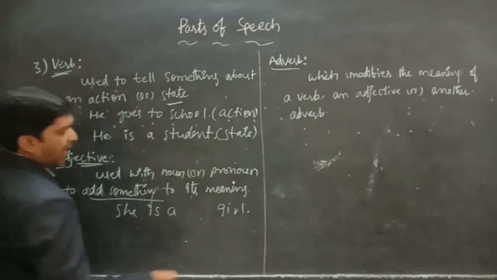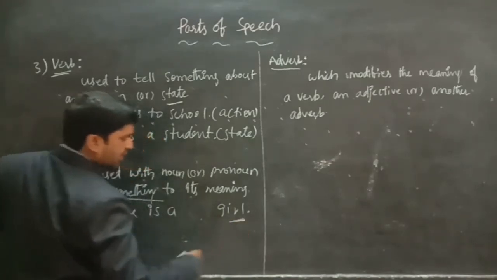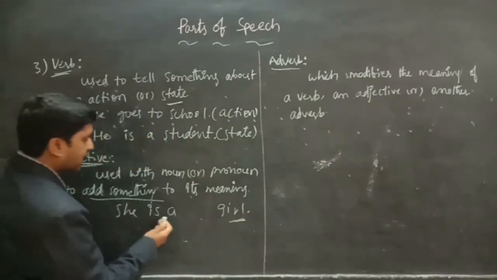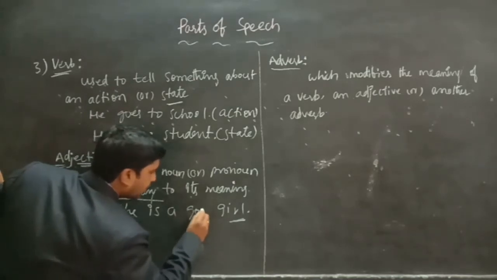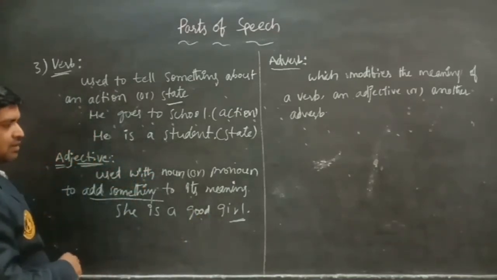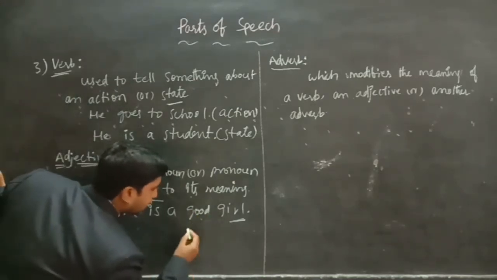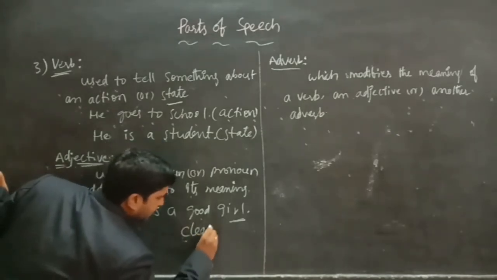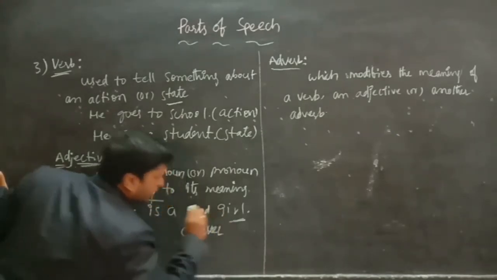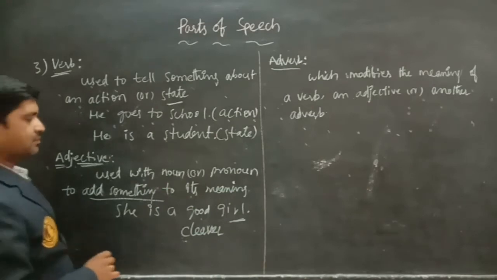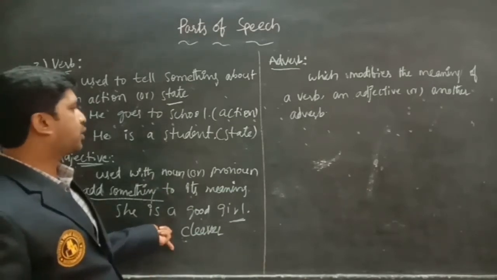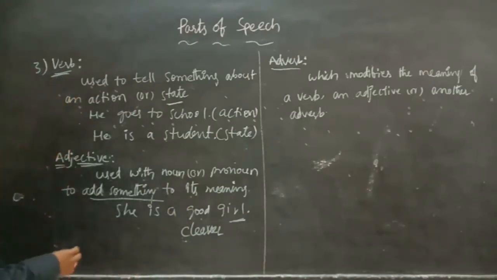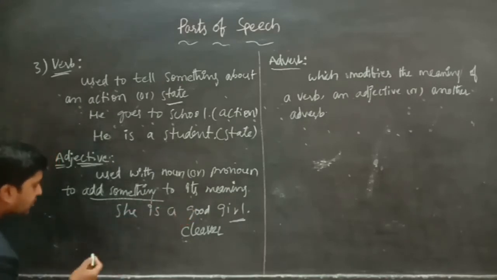If you want to add something to the noun girl, see, she is a good girl, or she is a clever girl. In this way we are using it. And here another use is also with the pronoun.